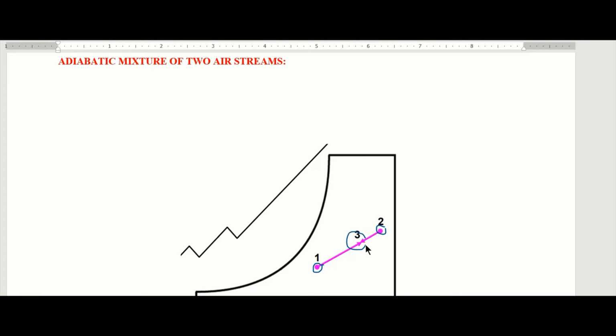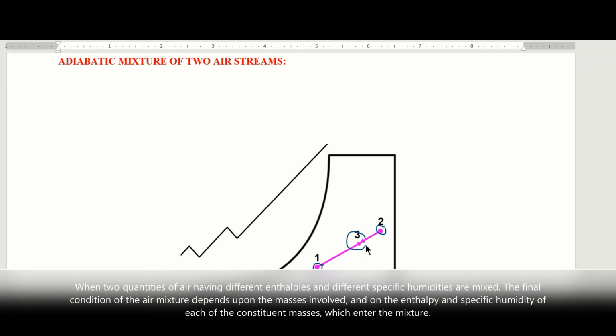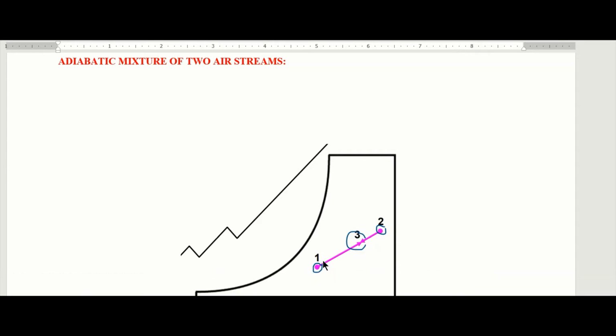A new air condition. Now, when two quantities of air having different enthalpies and different specific humidities are mixed, the final condition of the air mixture depends upon the masses involved and on the enthalpy and specific humidity of each of the constituent masses which enter the mixture, and this forms our final condition, because at the entry point this has a different enthalpy.